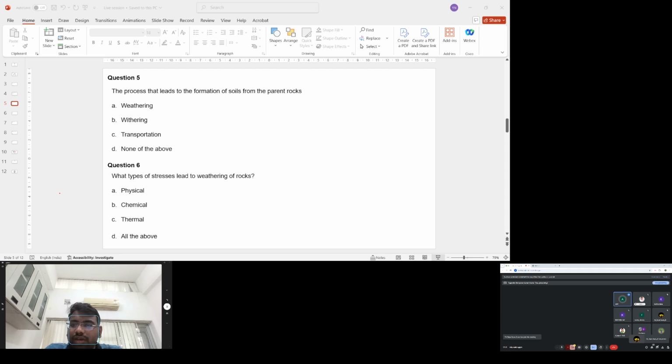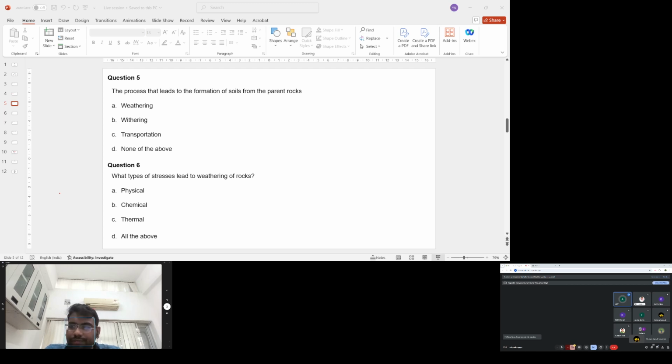So here physical essentially is wind, and in some cases gravity, and in some cases abrasion or attrition due to water flow.